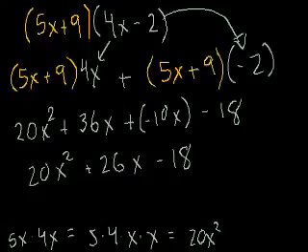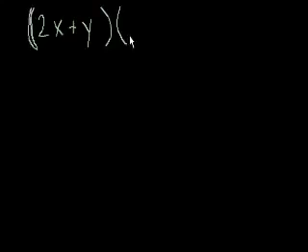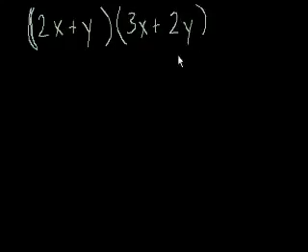Let's do another problem. Let's do 2x plus y, in parentheses, times 3x plus 2y. Well, once again, we could do it a little different order, but we could distribute it like this.